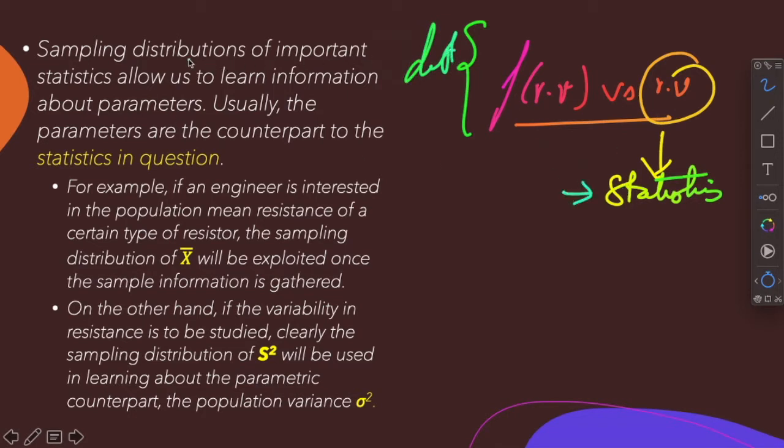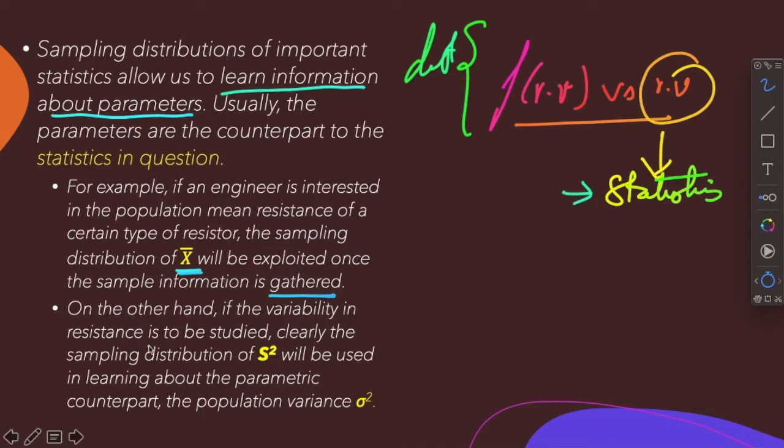What we see over here is that the sampling distribution of important statistics allows us to learn information about the parameters. For example, an engineer is studying a certain type of resistor. The sampling distribution of x bar will be exploited when the sample information is gathered.